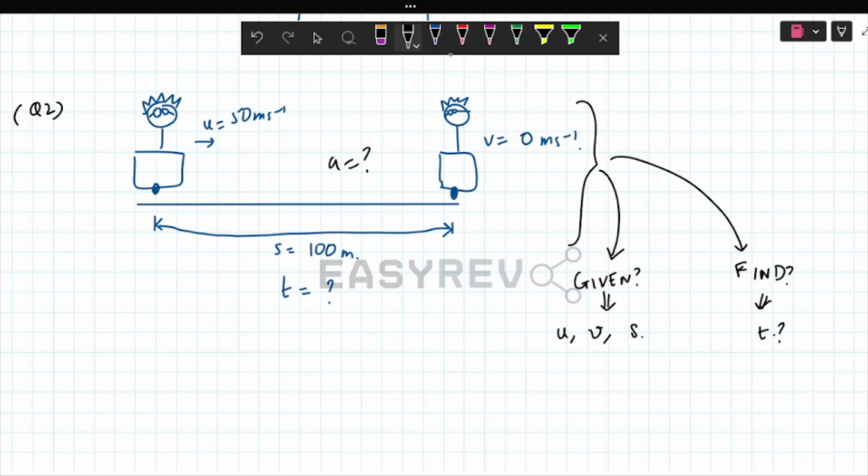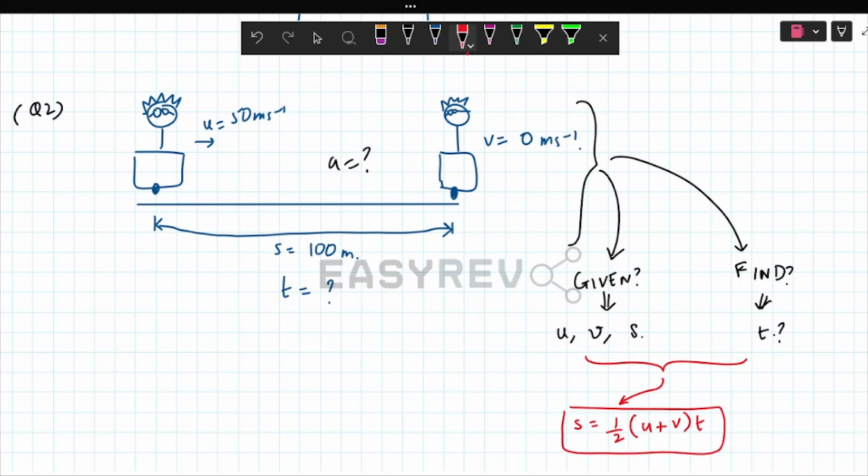There's only one equation out of the four that relates s, u, v, and t, which is s equals half times (u plus v) times t. So now it's just a matter of plugging in the relevant numbers. We have 100 meters equals half times (50 plus 0), that's u plus v, times the time duration that we wish to find, t.